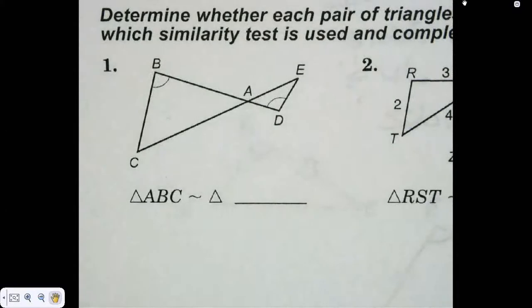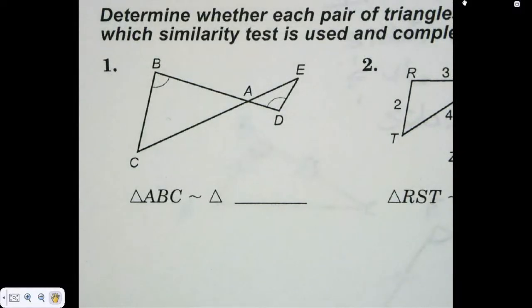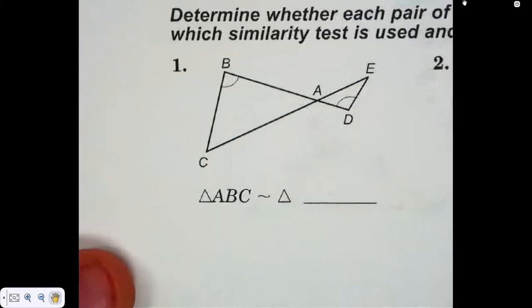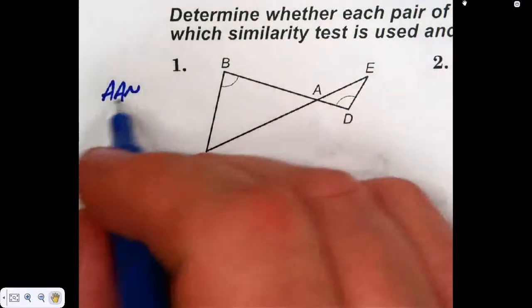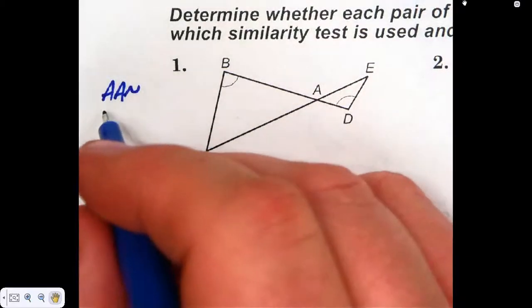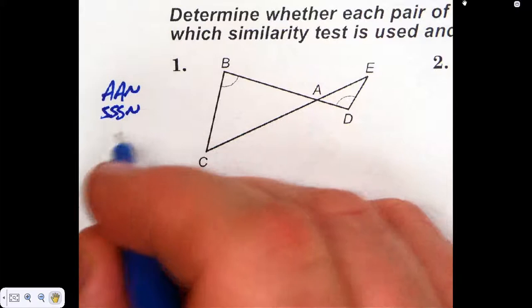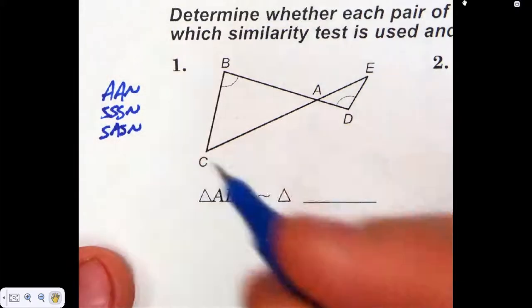First of all, can you say these two are similar? I'm looking at it right now and I say you can. However, though, there's not enough information on here. And remember, we have three tests. First, there's angle-angle similarity. So if I have two angles congruent, I know they're similar. The other ones are side-side-side similarity and side-angle-side similarity.